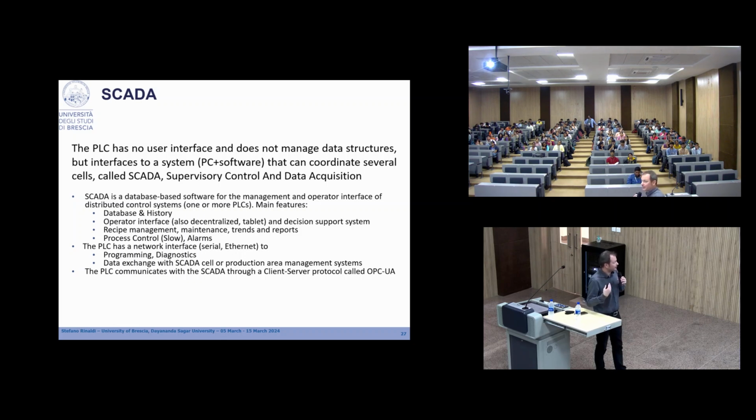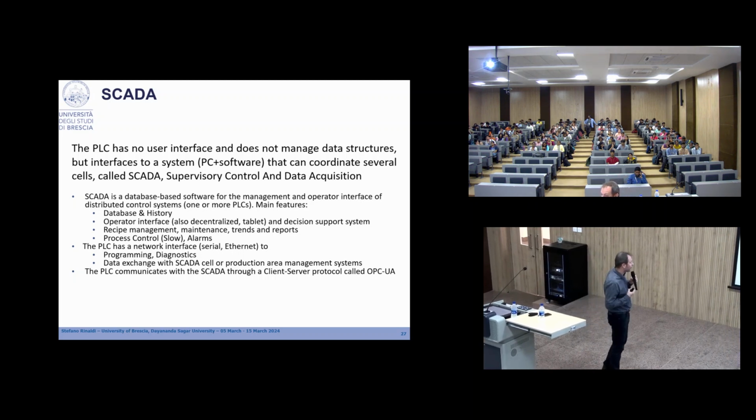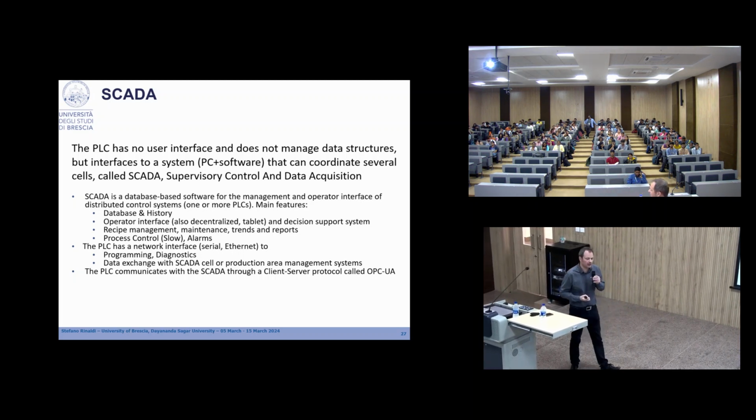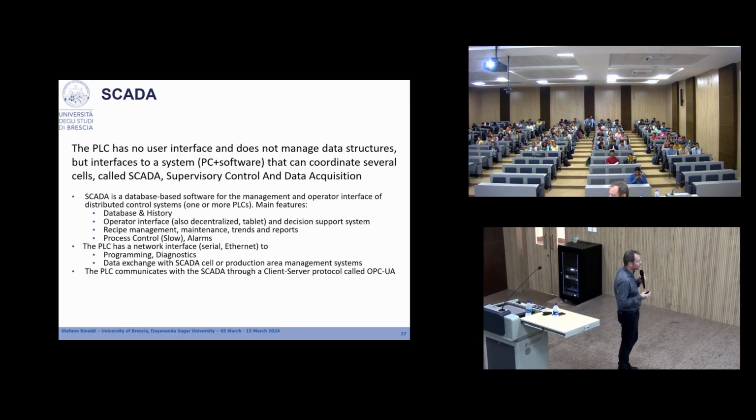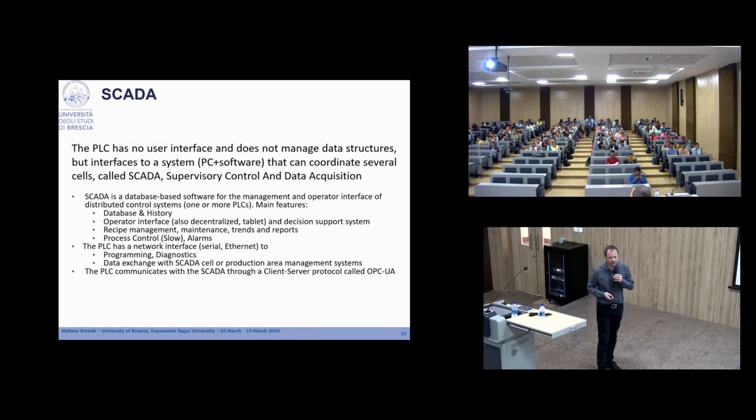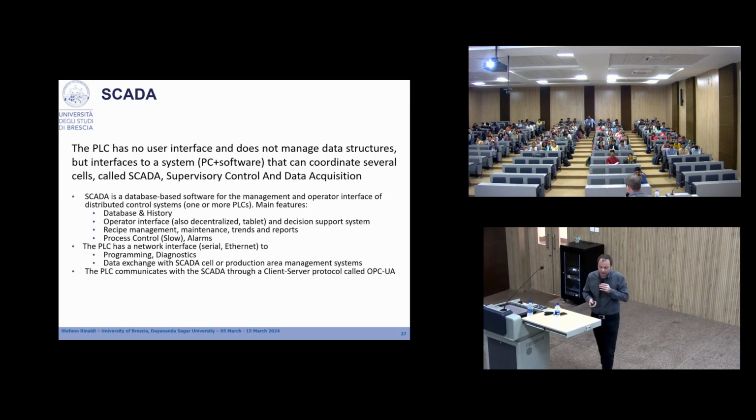The SCADA system can acquire the information from the PLC generally using a network interface. All the PLCs I showed you before are equipped with a network interface that is used to transfer the information to the supervision system, of course.